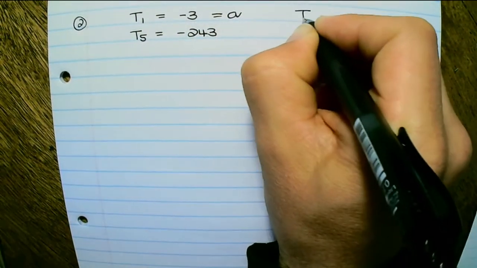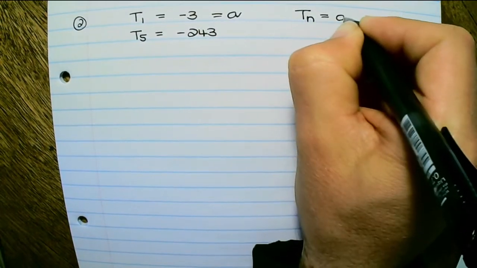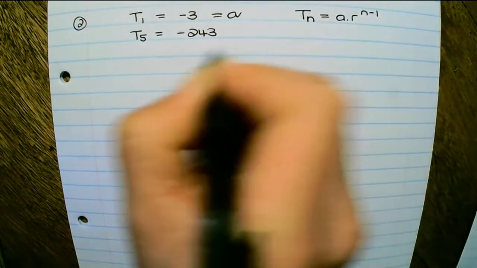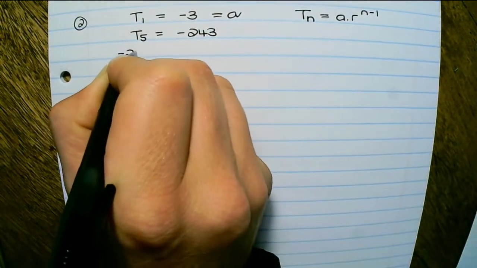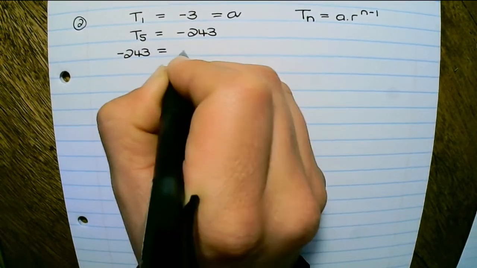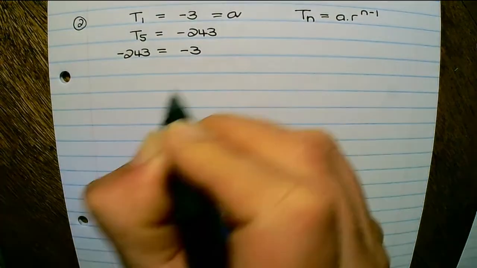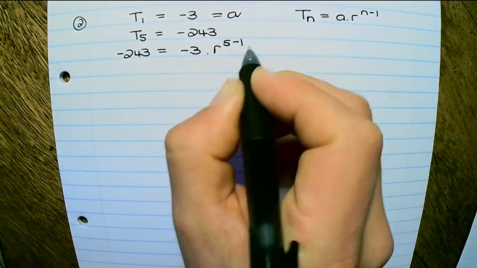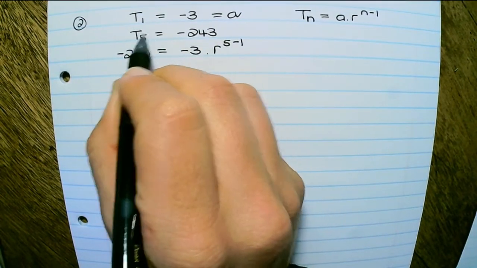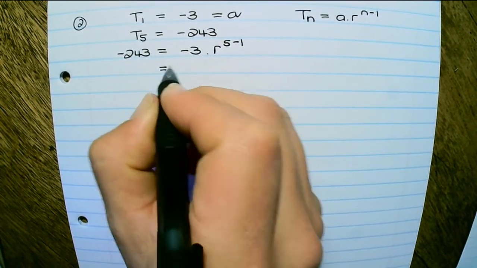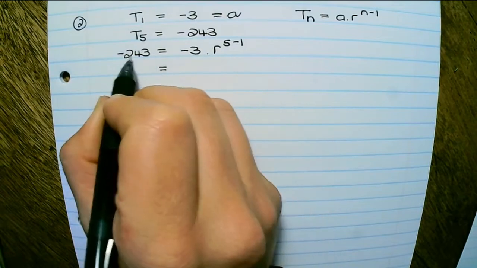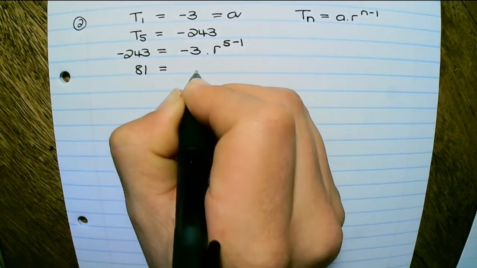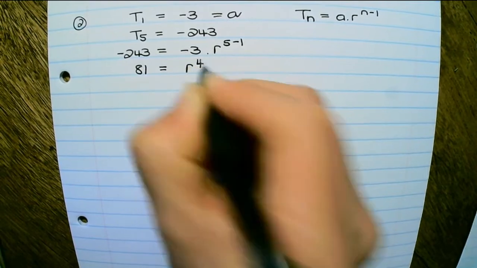But remember, the general term is a times r to the power of n minus 1. So that means negative 243 is equal to negative 3 times r to the power of 5 minus 1, because it represents the fifth term. Then I can divide both sides by negative 3, that is 81, is equal to r to the power of 4.